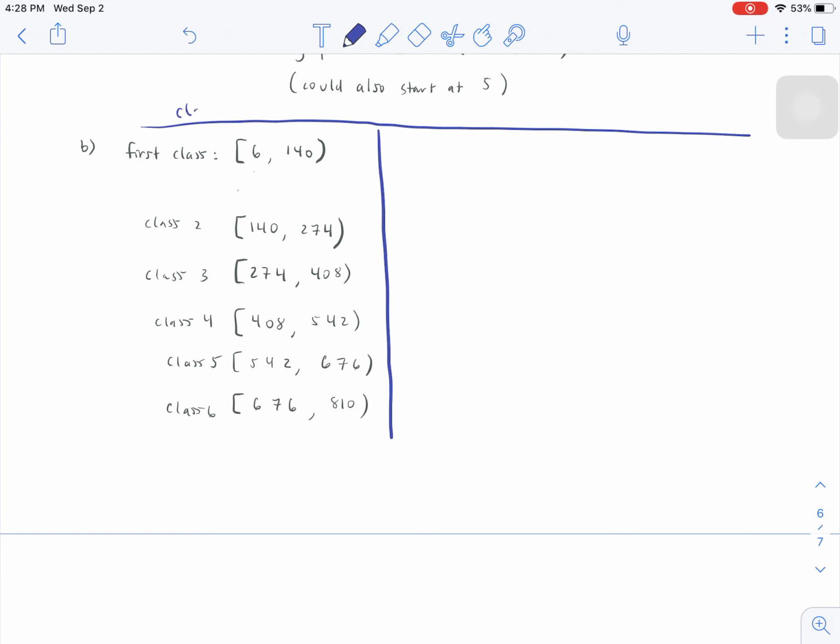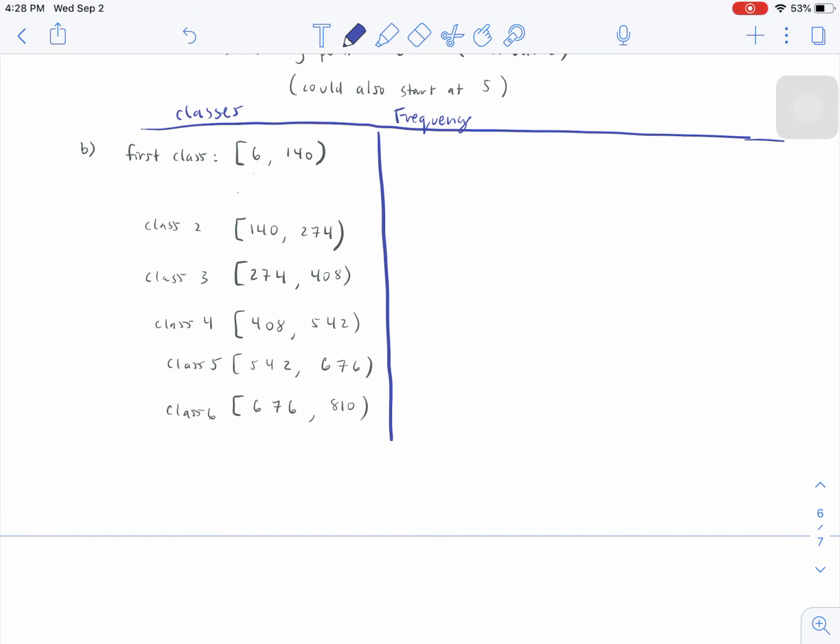So these will be my classes. First, I'll calculate the absolute frequency, and then I will calculate the relative frequency. This will make it a little easier on me. Okay, now how do we calculate frequency?